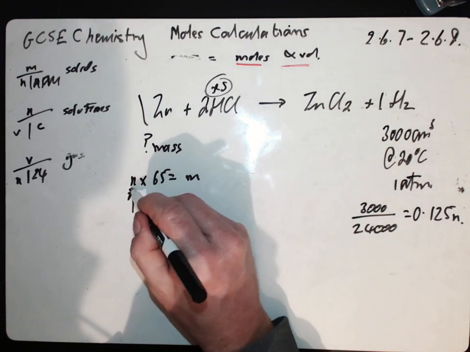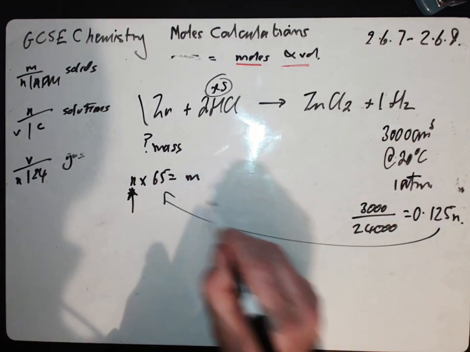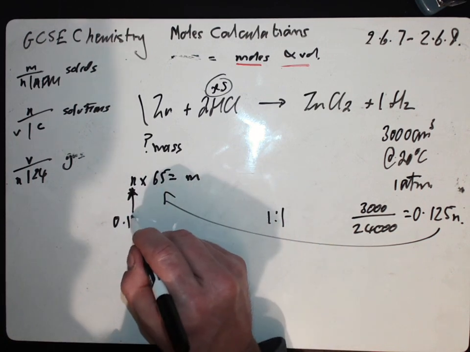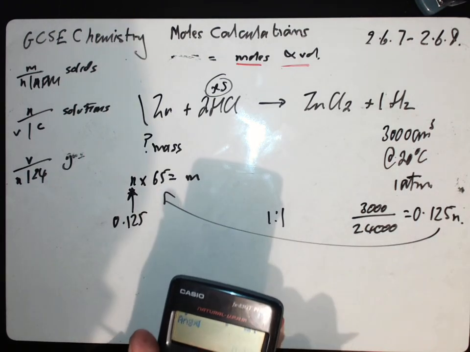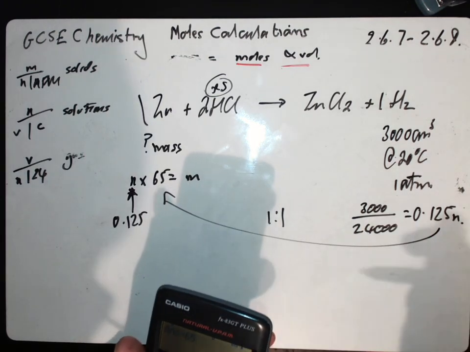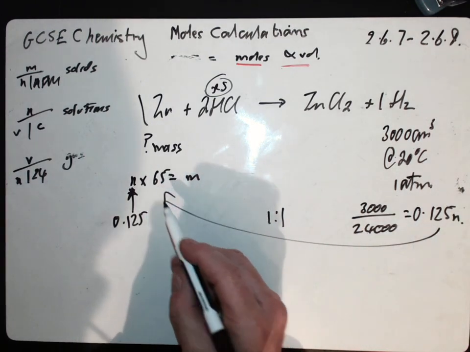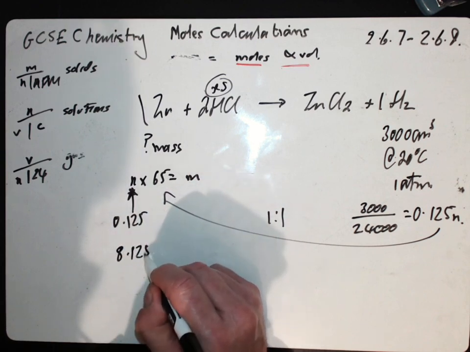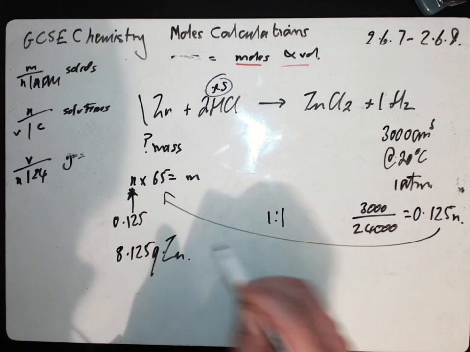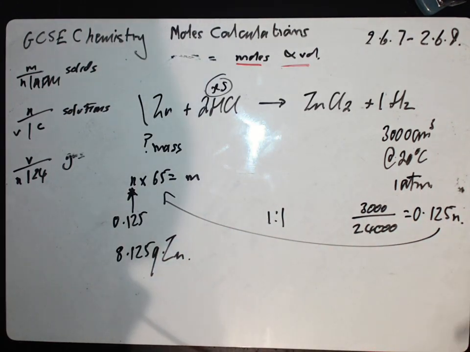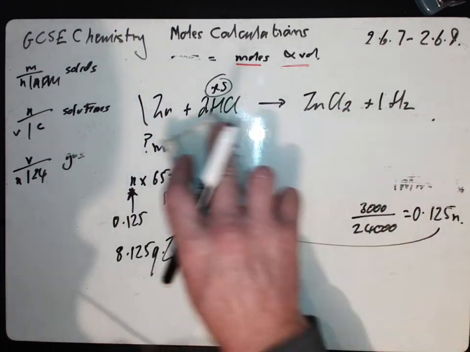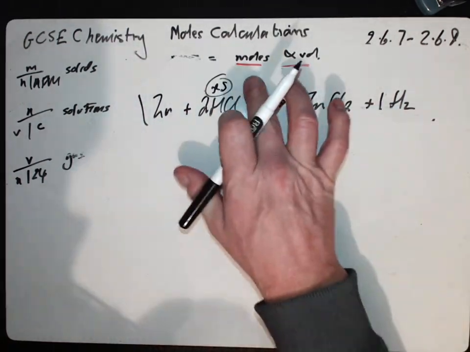Because we're going back to my zinc, which is a 1:1 ratio, I have got 0.125 moles of that. So I multiply that by 65, mass equals moles times relative atomic mass, which gives me 8.125 grams of zinc would be needed in order to make 3,000 cubic centimeters of my hydrogen gas.